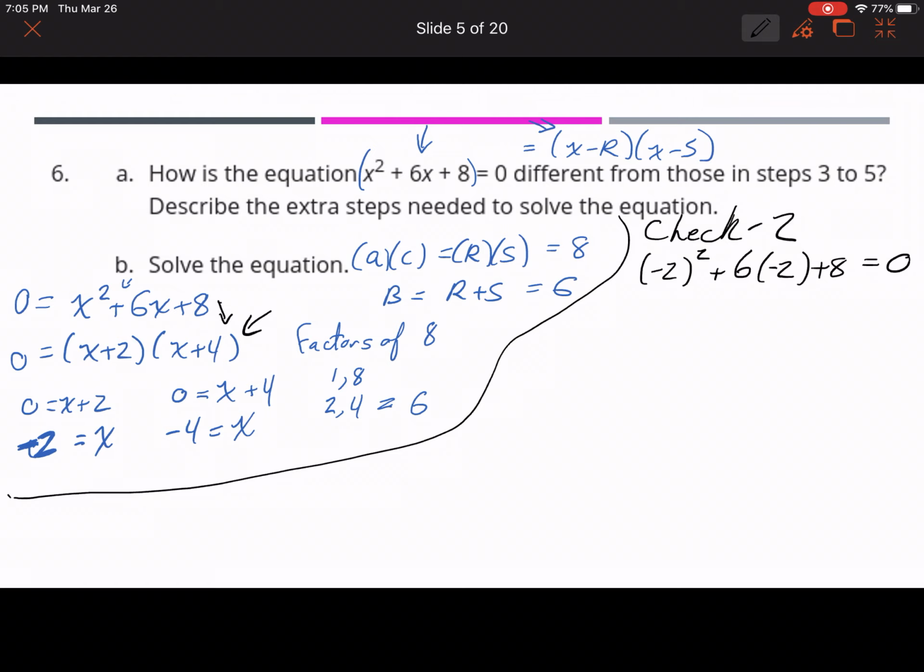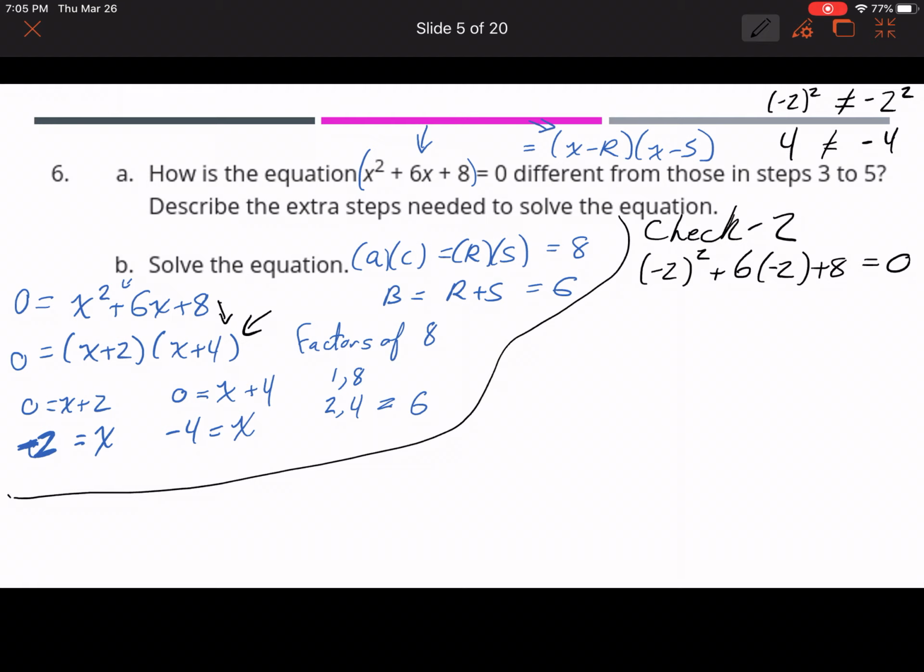So -2 squared, make sure we're putting the brackets in there. Remember that (-2) squared does not equal -2 squared. This one is only squaring the 2, not the negative sign. So especially if you're putting something in a calculator, make sure you're putting brackets in there.